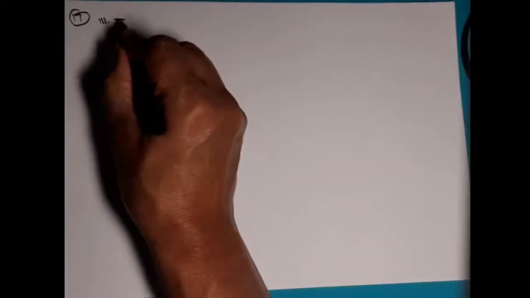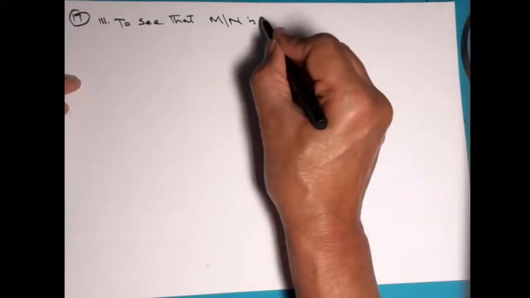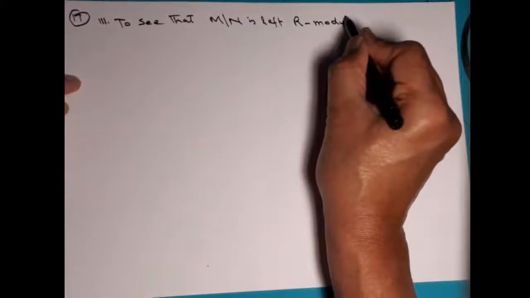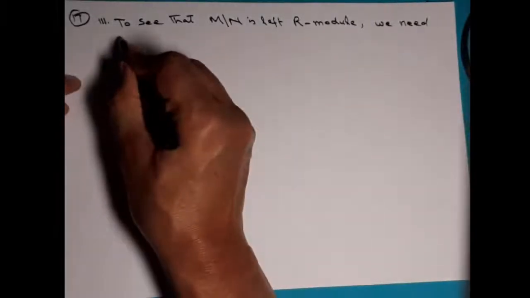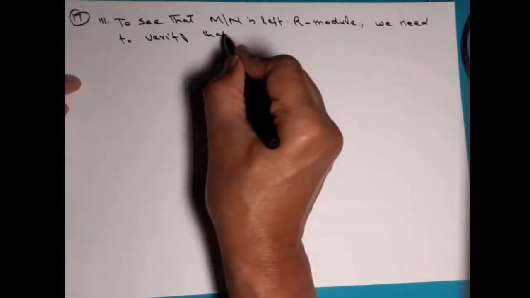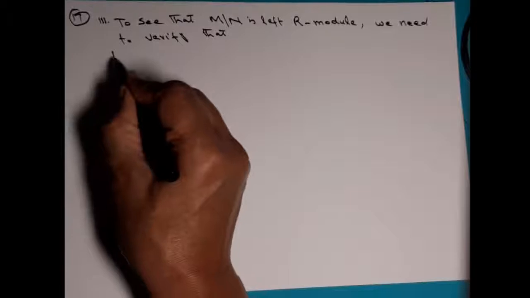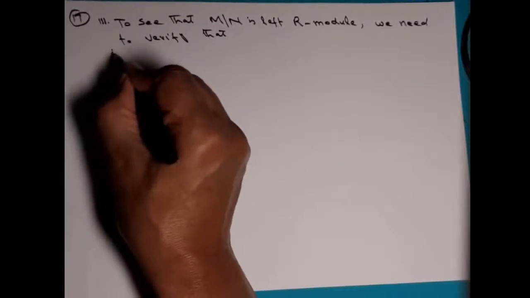To see that M factor N is a left R module, we need to verify the following.